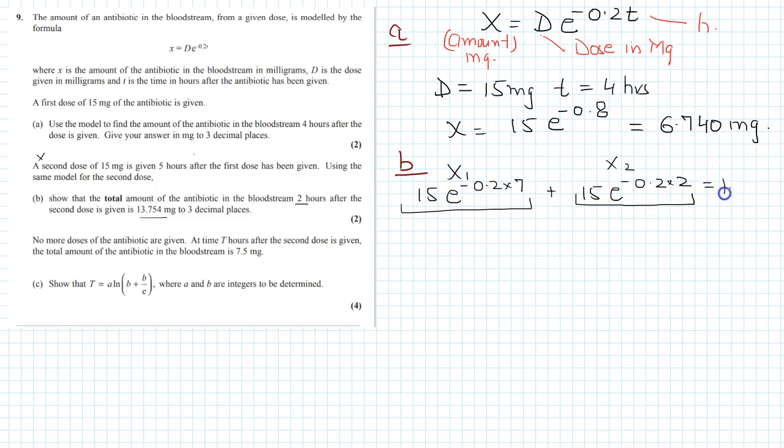So if you calculate, this will be equal to 13.754. That is part B.